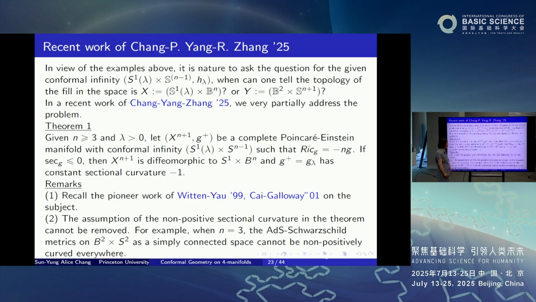And then this G plus is G lambda, the hyperbolic metric we described. So the sectional curvature being negative constrains the topology and gives the uniqueness of the extension. And this piece of work uses an early work of Witten and Yau and Cai-Galloway to study the fundamental group of the conformal infinity. And notice that this example, sectional curvature negative, would not be satisfied by the AdS-Schwarzschild metric.